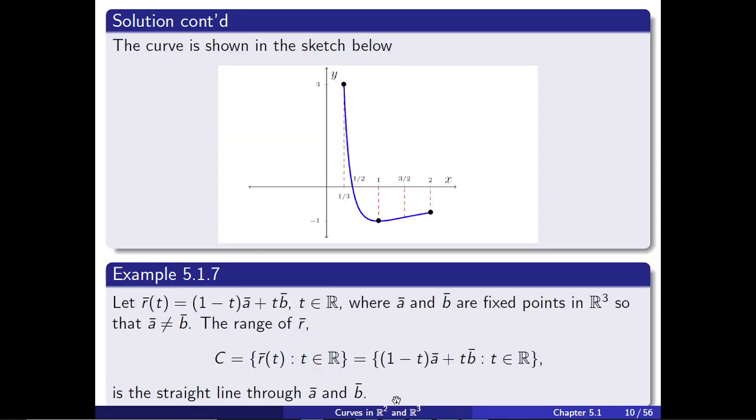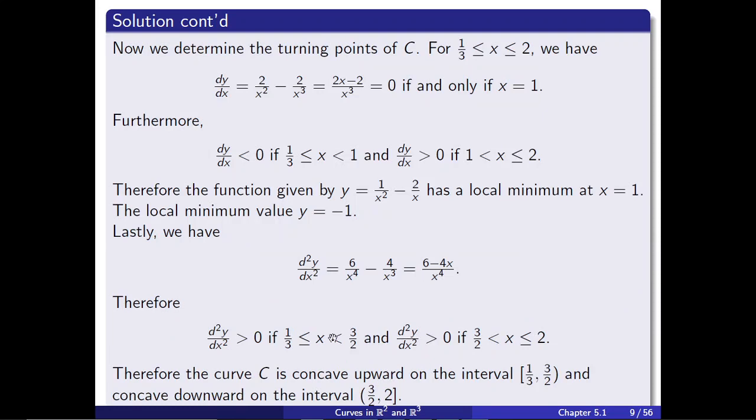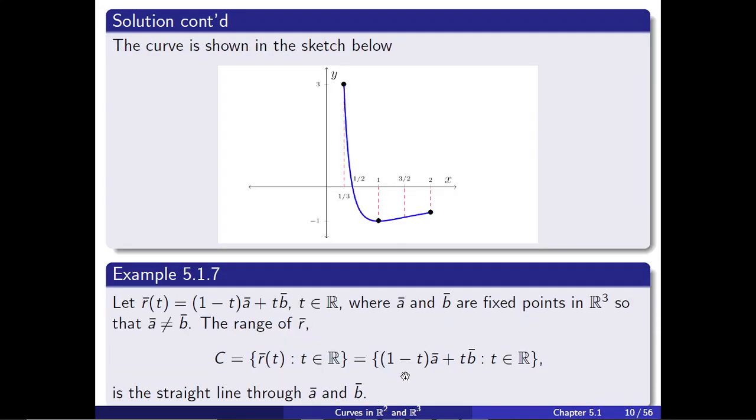So based on that information, we can then draw the graph. So we know that it's from minus a third to 2. That is the interval that the curve is defined on, and then it starts off with a negative gradient, and then a positive gradient, and it is also concave upward here, and then concave downward there, right?